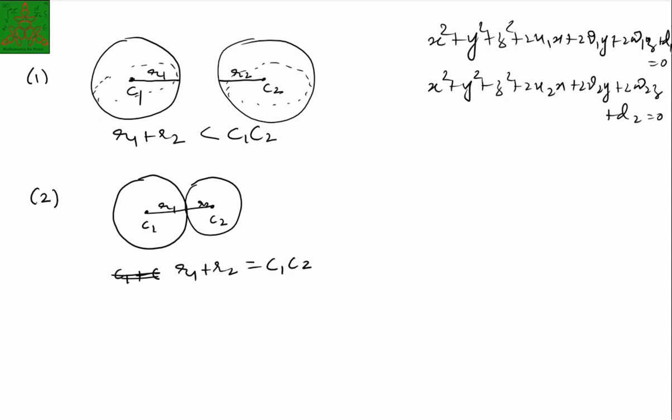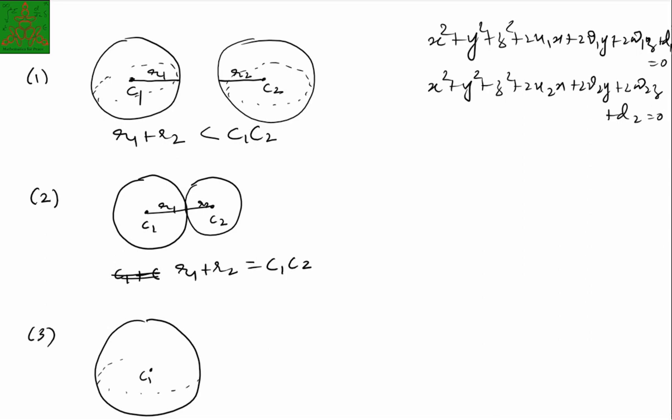Another case that we can say about two spheres is that they touch internally. So the situation is this. The third situation that we have is this. This is the first sphere and the center of that sphere is this.